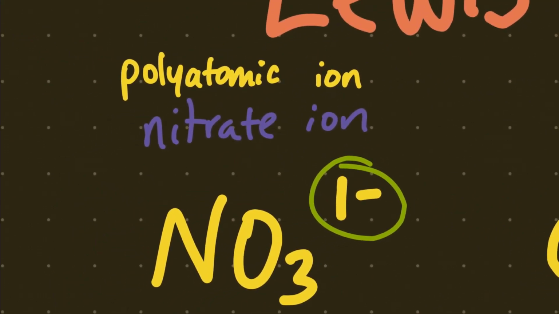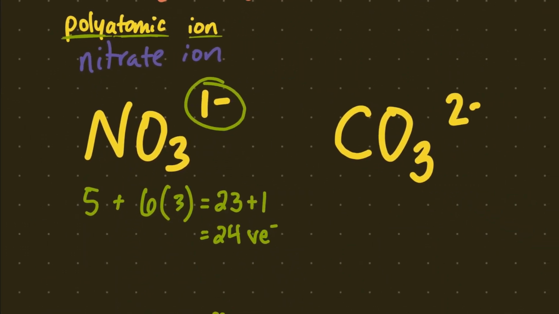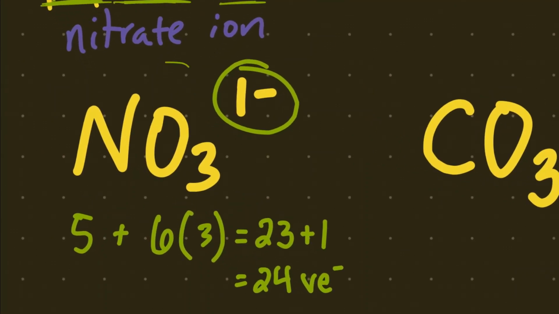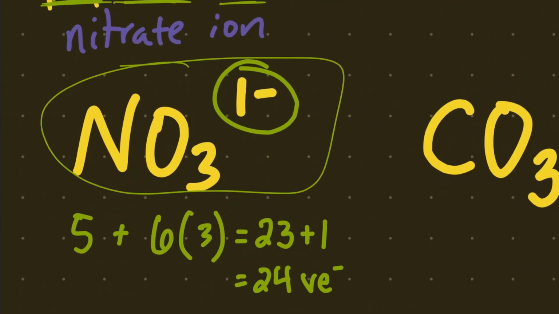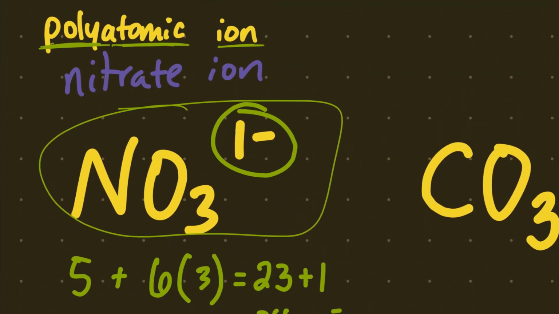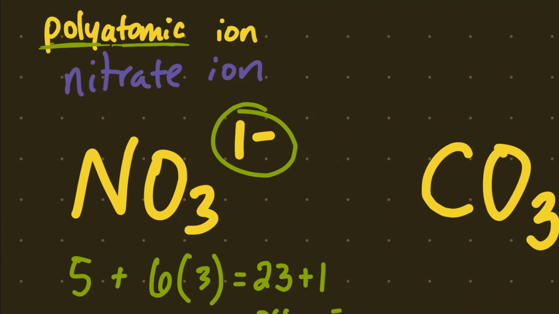And you might be able to see why. Let me break it down. Poly is more than one, atomic, more than one atom, ion, right? This is a nitrate ion because it's made up of more than one atom, polyatomic, but it has a charge on it, so that's what makes it an ion as opposed to a molecule.